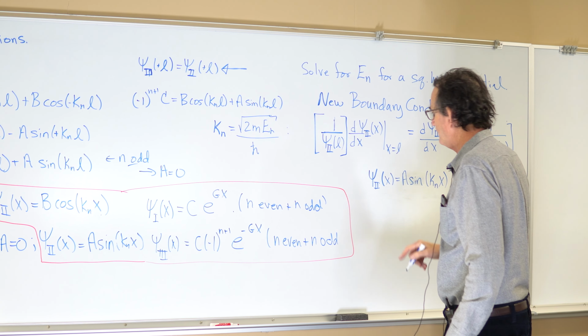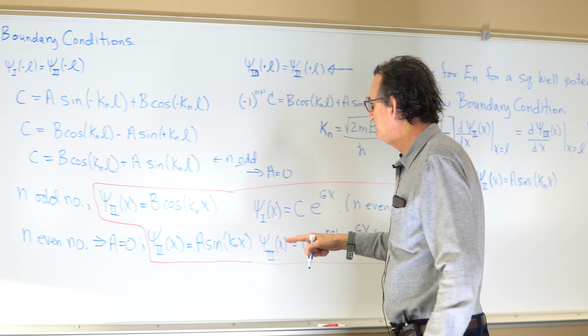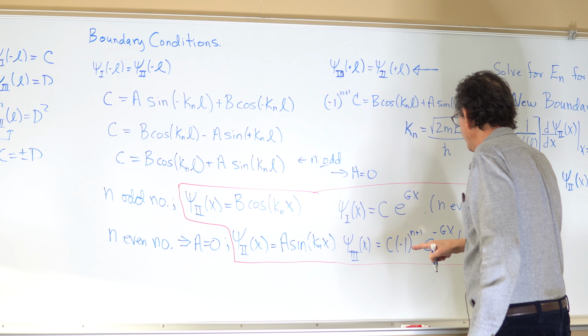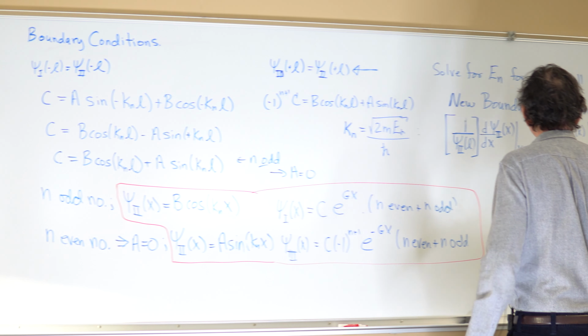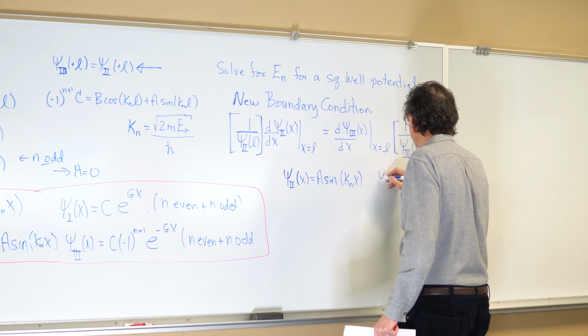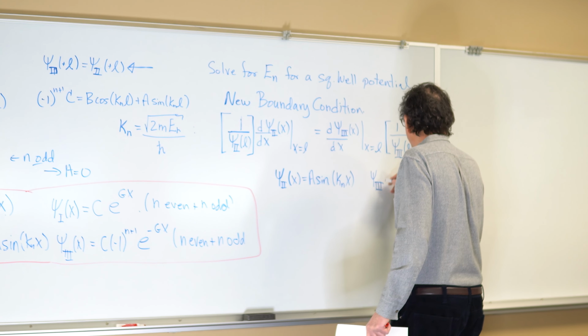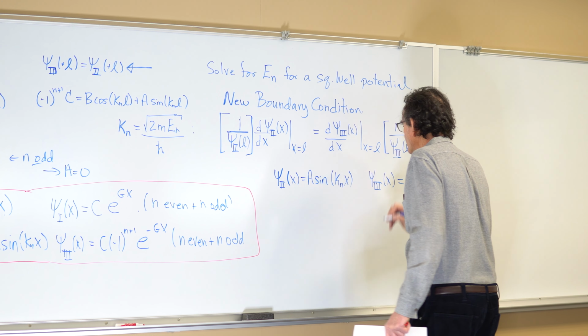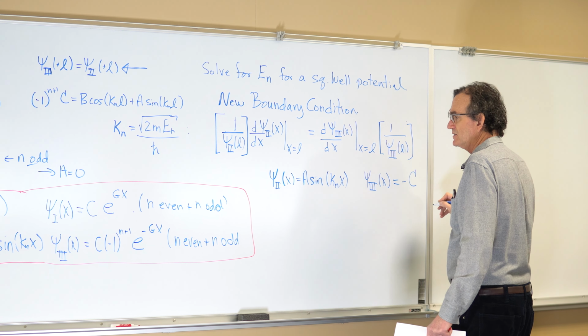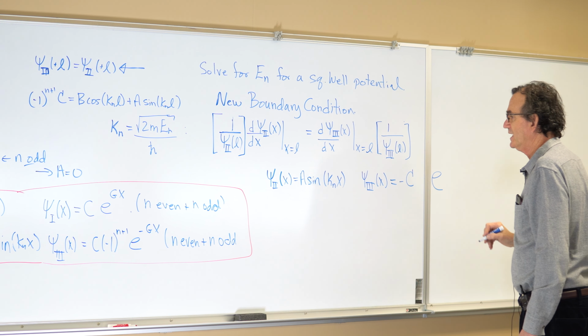In region 3, if I'm doing n even, then I want to be able to express the wave function in region 3. So the wave function in region 3, psi 3 of x, for n even, is going to be equal to minus c times e to the minus gx.